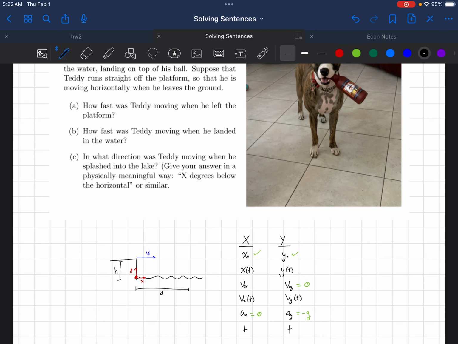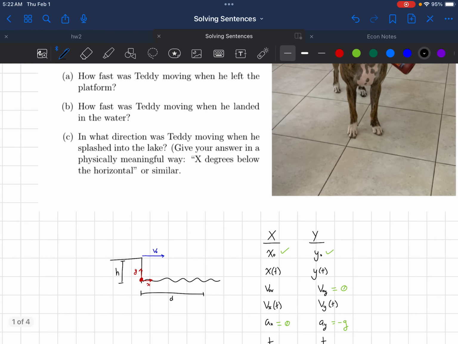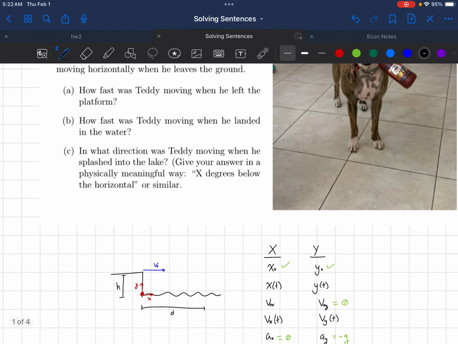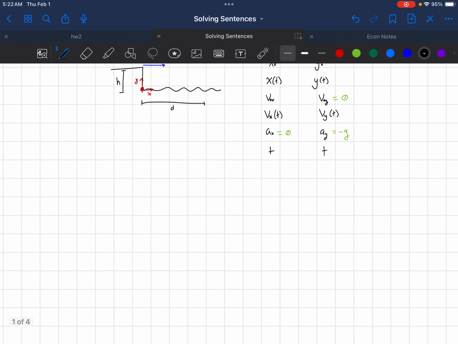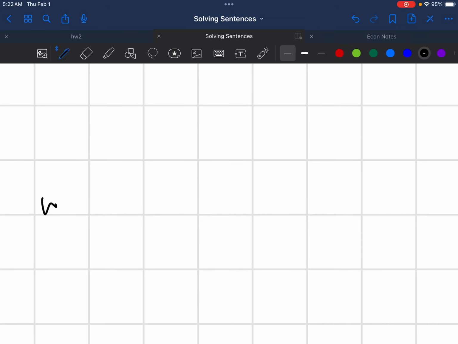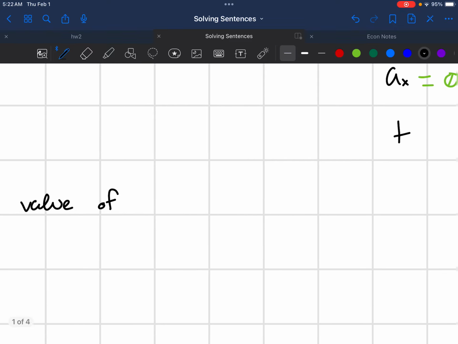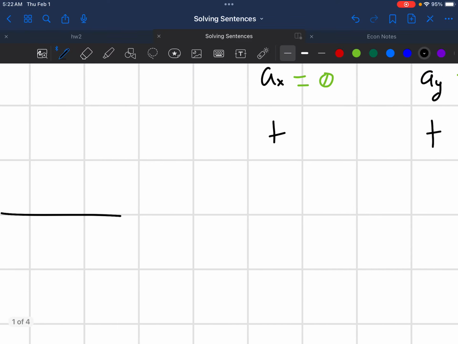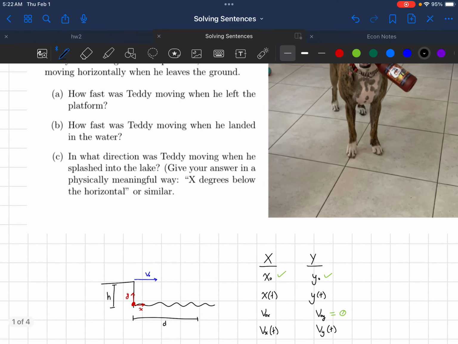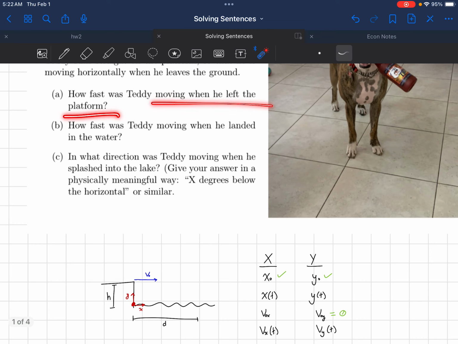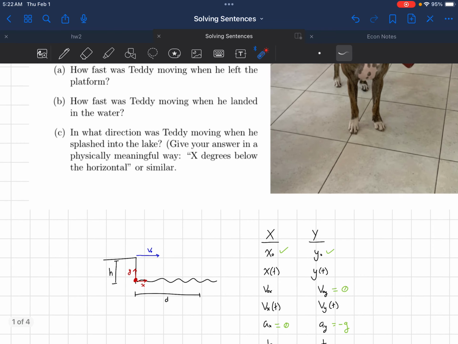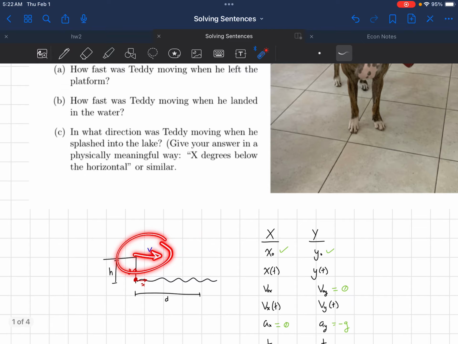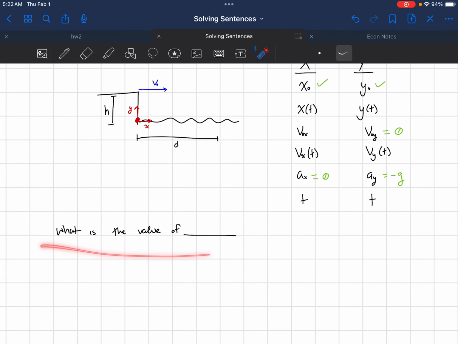We can use that kind of sentence structure that we've been talking about. So, how fast was Teddy moving when he left the platform? We're going to do a "what is the value of blank" and for this type of problem, we're solving for the velocity when I'm leaving the platform. So I'm solving for my initial velocity, an initial condition.